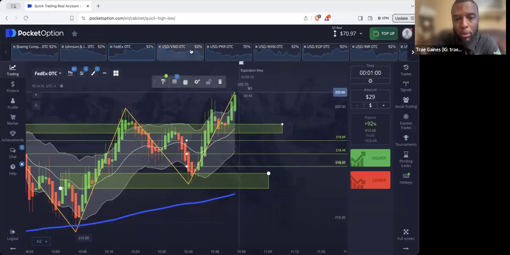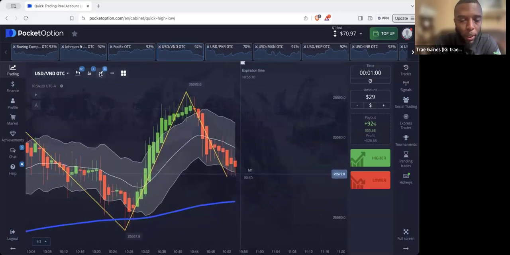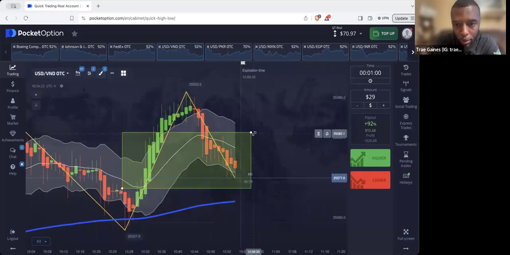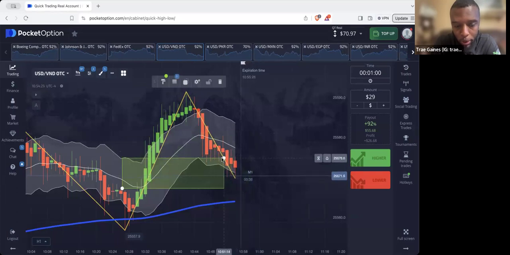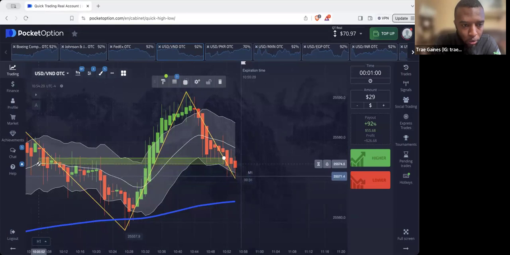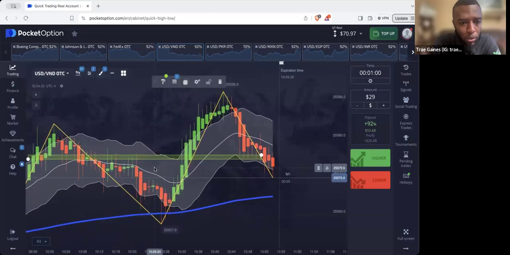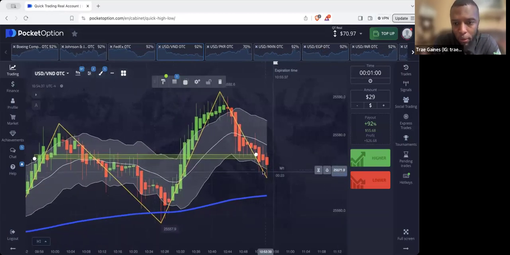Let's go to another pair. Let's just find a place with a lot of wicks. Okay, so we got a lot of wicks right here. We look to the left. There's a big master candle right there. So normally a master candle is causing all these wicks.